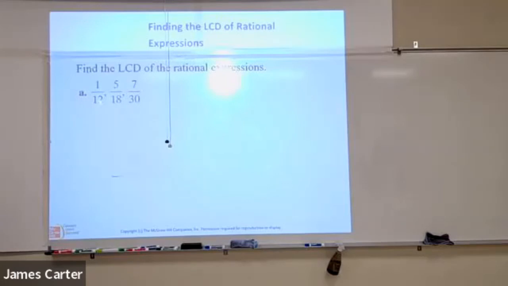In fact, 3 will go into all of them, and 6 will go into all of them. But that's not what least common denominator is. That's greatest common factor. The least common denominator is the smallest number that all 3 of these will go into.